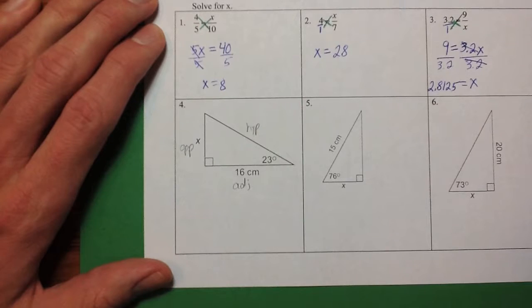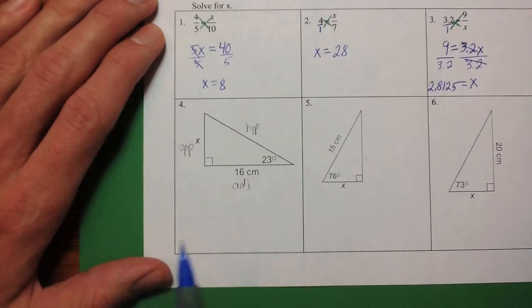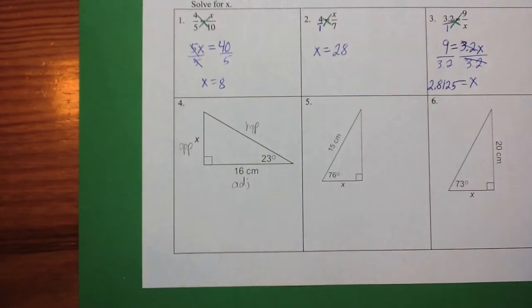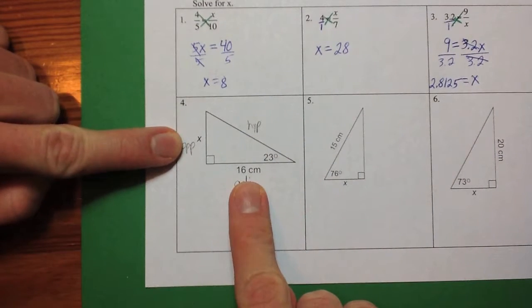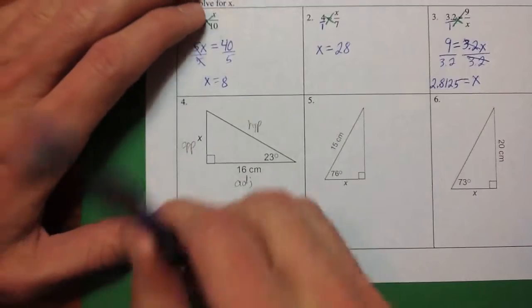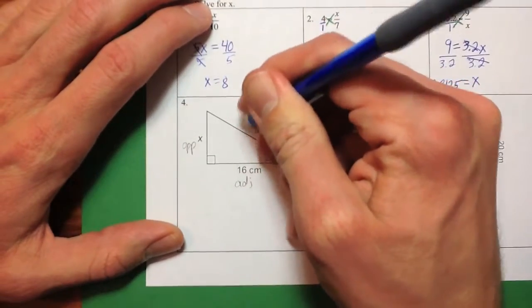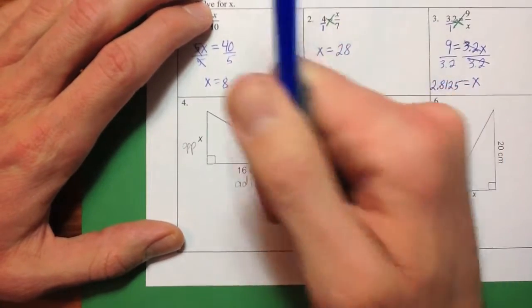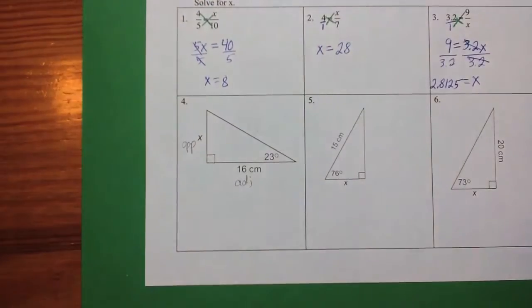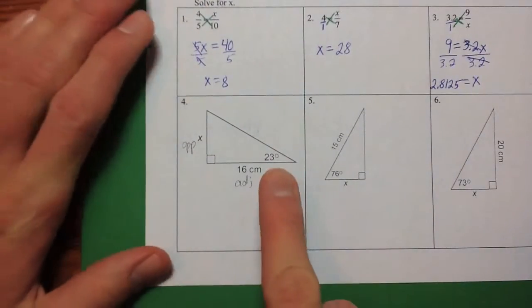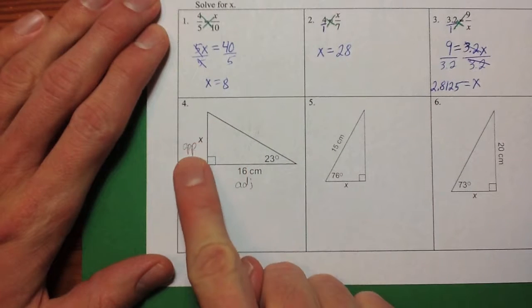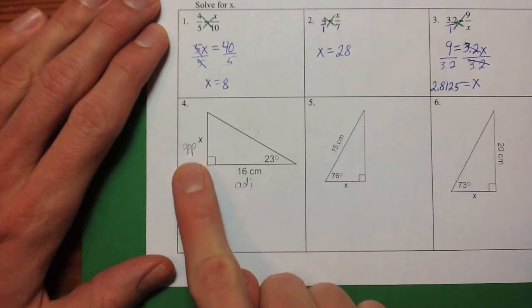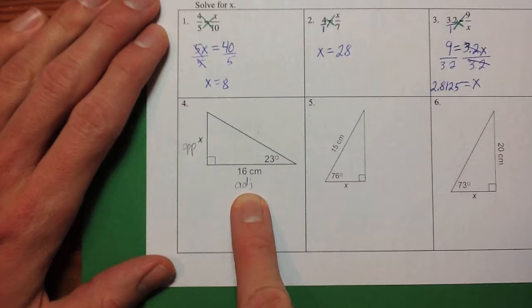Okay, this is where it gets fun. I have three sides, but I only have two of them labeled. Because I only have two of them labeled, I'm not even going to worry about this hypotenuse. I'm going to erase it, pretend like I don't know a thing about it. Okay? So here's the deal. I have an angle. And along with that angle, I have the opposite side and the adjacent side.